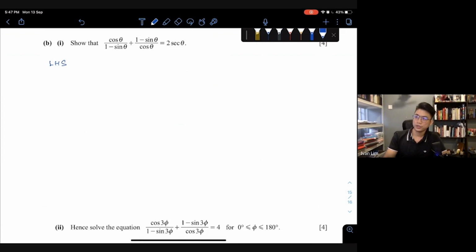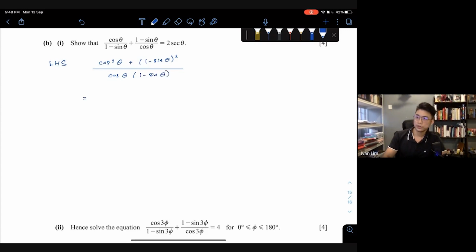So we take the left-hand side. We join it together. We want our denominator to be the same. So it becomes cos square theta plus 1 minus sine theta square over cos theta times 1 minus sine theta.